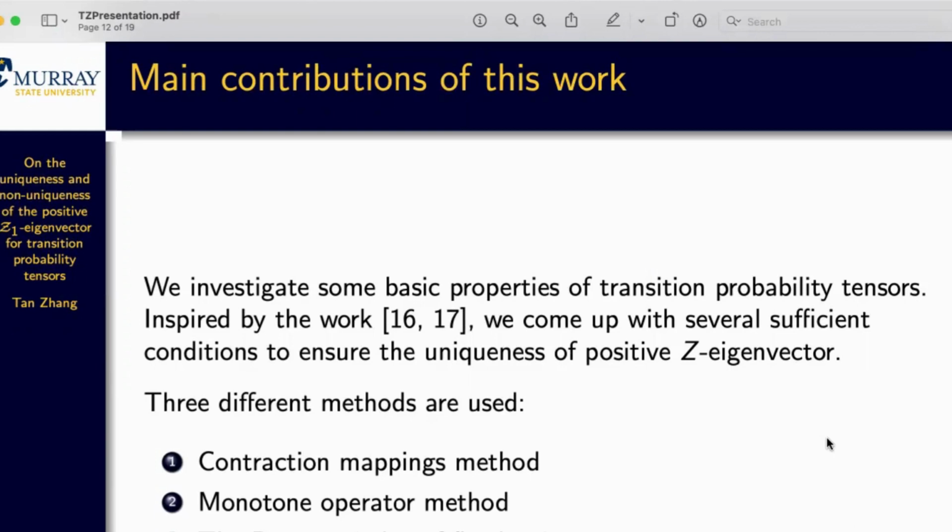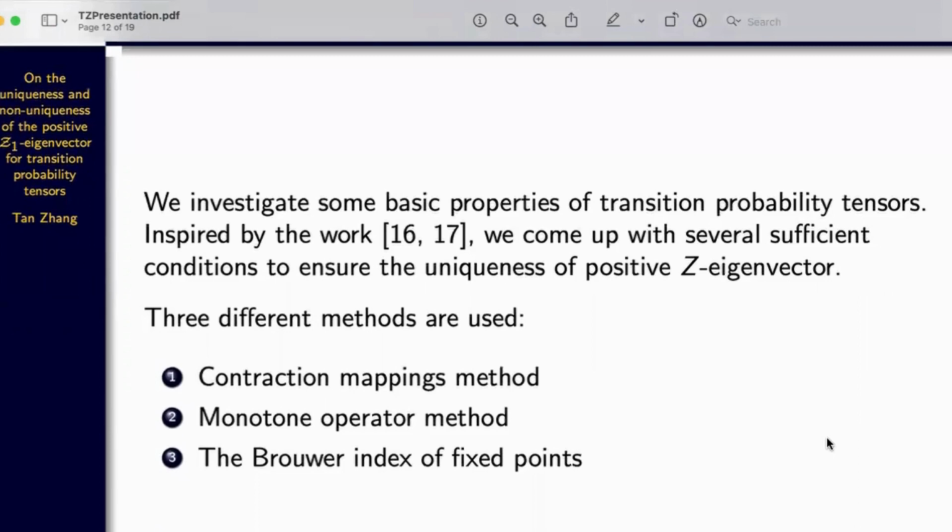Here, I will only name 3 different methods used in our paper. One is the contraction mappings method. Two is to use the monotone operator method. And three, we use the Brouwer index of fixed points.